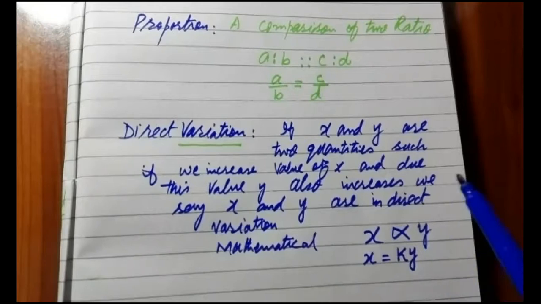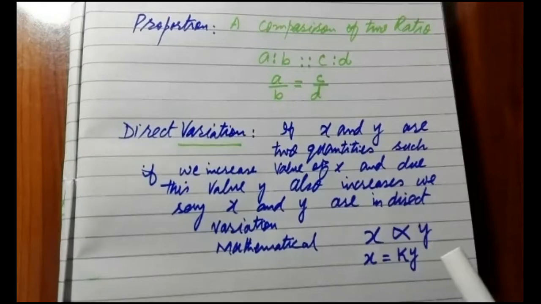Now the point is, is it necessary that only an increase in one quantity causes an increase in the other quantity? If you increase one quantity and consequently the other quantity also increases, then we call both of these to be in the relationship of direct variation.